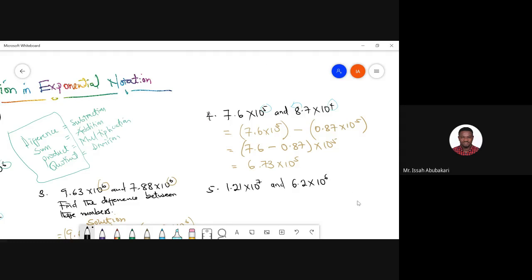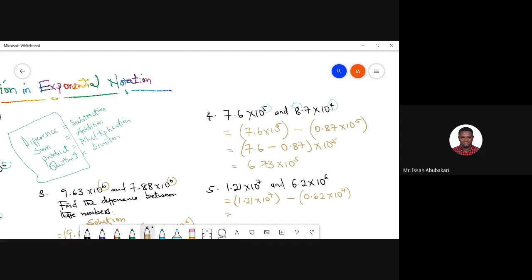Now, with the solution, we are going to get 1.21 times 10 power 7, minus, because the question says we should find the difference, minus moving the point to the left becomes 0.62. 0.62. Then we multiply this by 10 power 7.